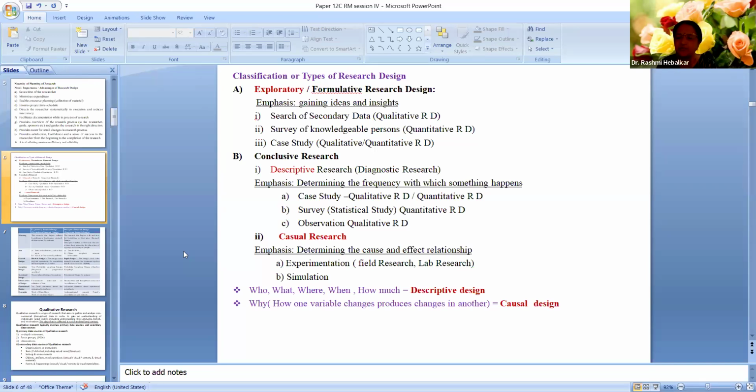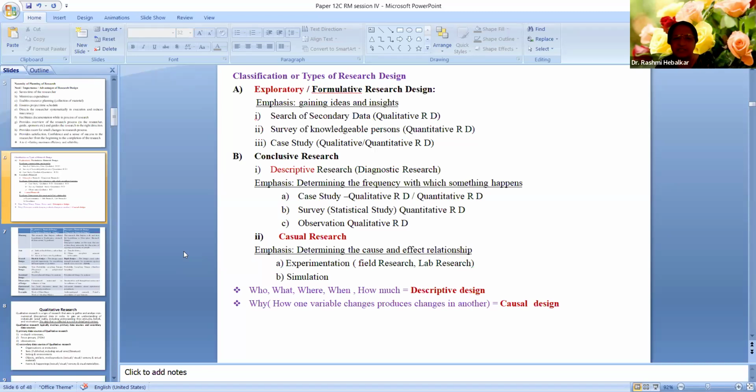Out of primary data, you have the option whether you will go for a survey or interview. In interview, whether individual or focused, whether you will go for observation, or all three, or any two, or any one. You have the scope and option of designing the way you want. But the only thing is that your design must fulfill the objectives.